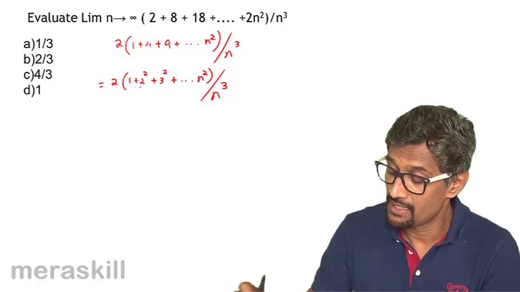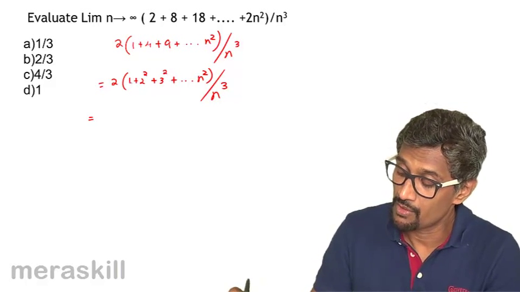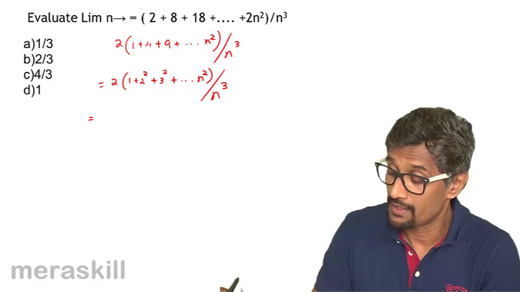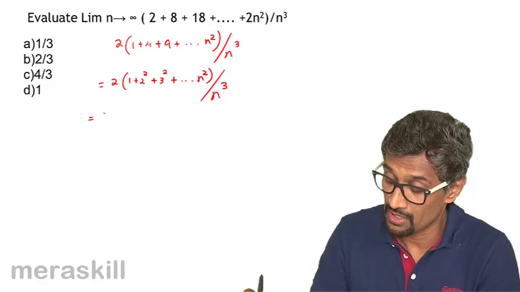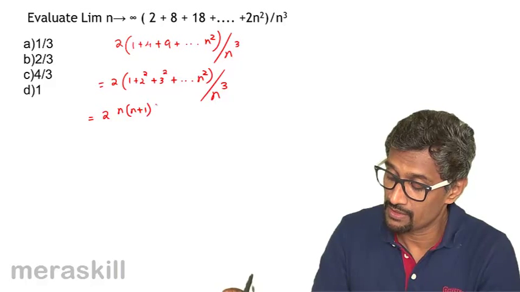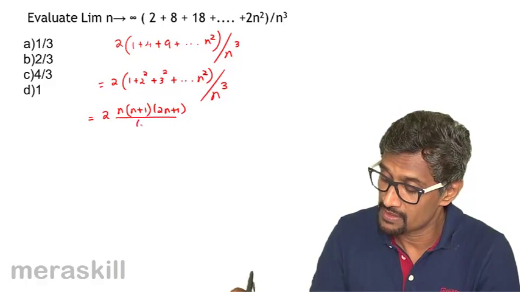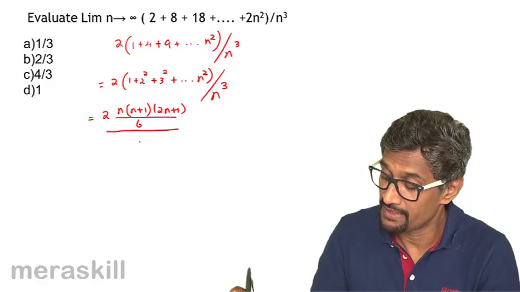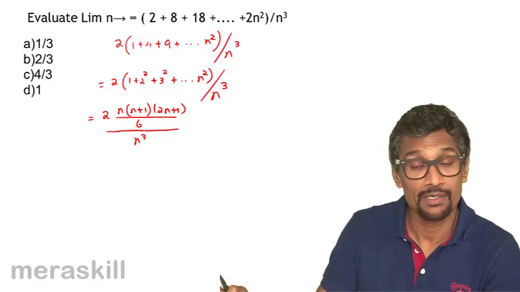Now if you see, this is nothing but the sum of the squares of the first n natural numbers, which is going to be n into n plus 1 into 2n plus 1 upon 6, divided by n cube.